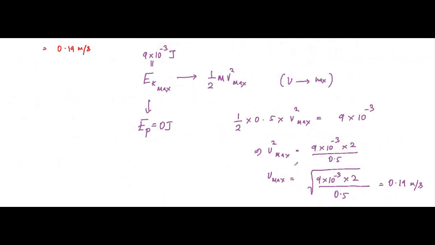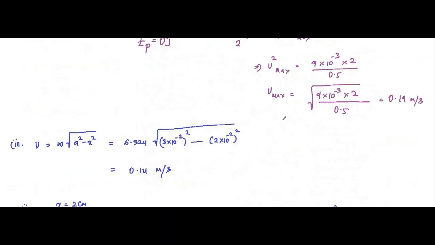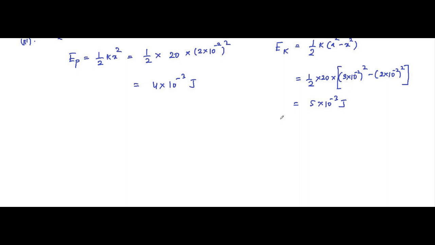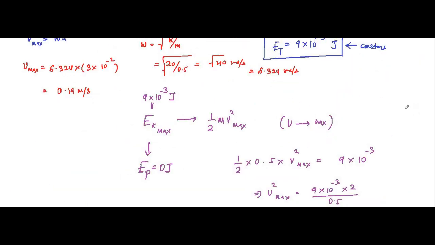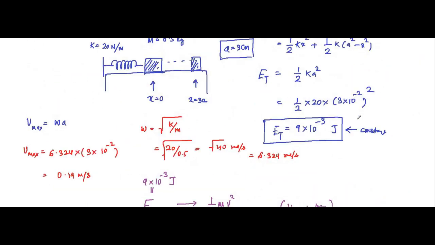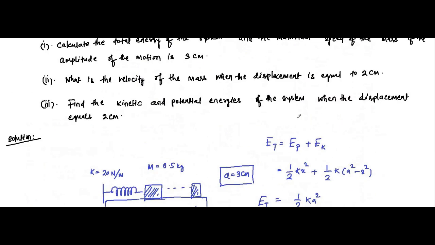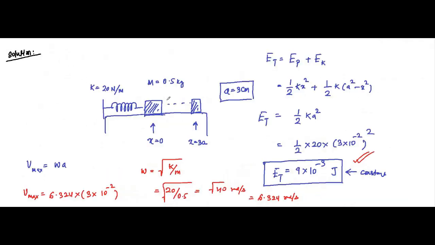Now at this point, if we add these two, potential energy plus the kinetic energy, the total is equal to 9 into 10 to the power minus 3 joules, the total energy, which we have already calculated previously in the first case.